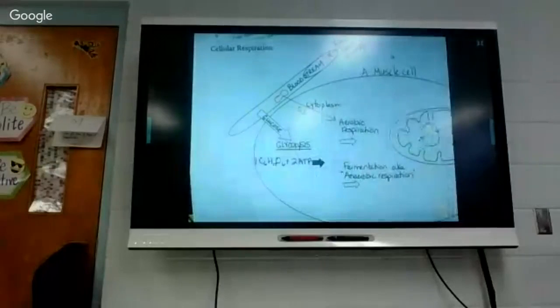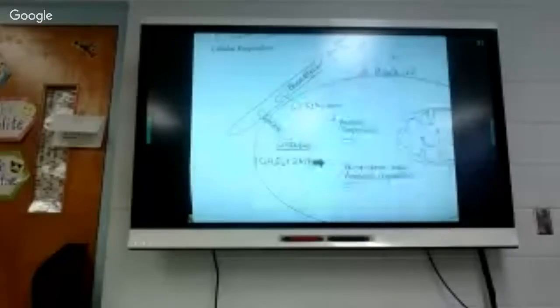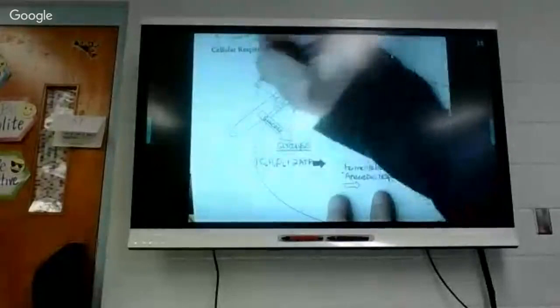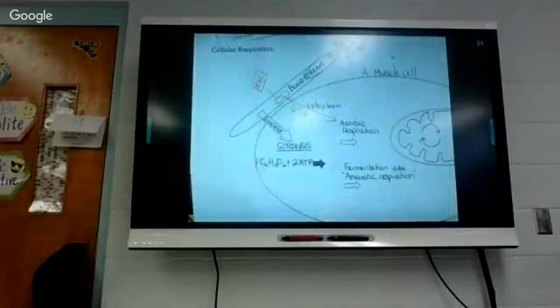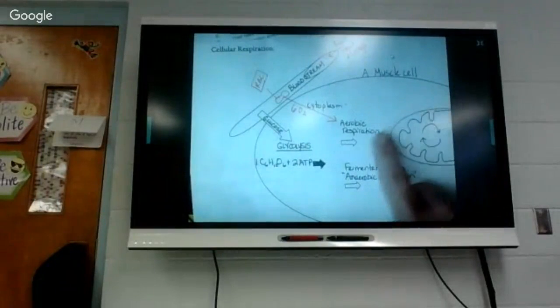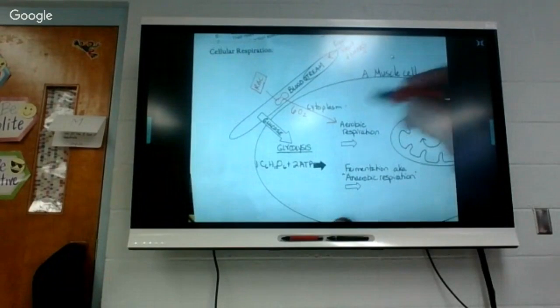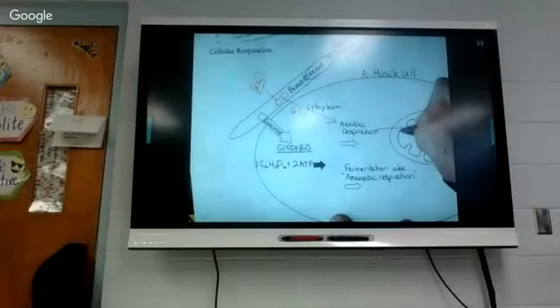So oxygen is going to diffuse into that cell. That's the red blood cell's job. So that would make us aerobic. And then that would be a ticket into the mitochondria.